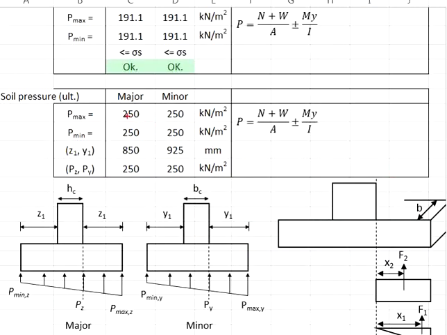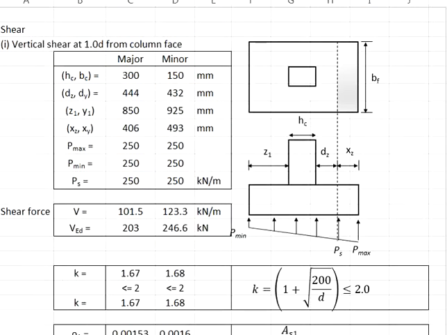It was calculated that the soil bearing pressure will be 250 kN per meter square for both the major and the minor axis. Now we need to determine the shear loads acting on plane 1D from the column face.